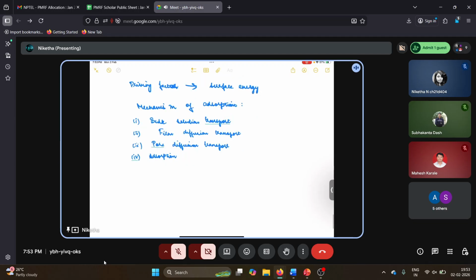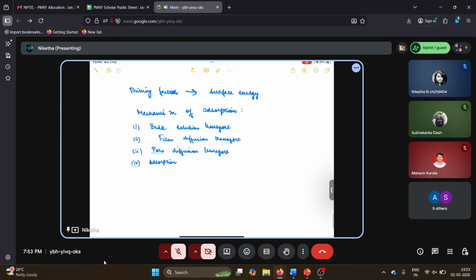When we talk about how adsorption happens, first the substance will have to travel, and there is transport of the substance to the surface of the adsorbent. Once the transport process is over, the final one is the adsorption process. So adsorption is the last one. The first three stages are all about how the substance is transported. The first one is bulk solution transport.